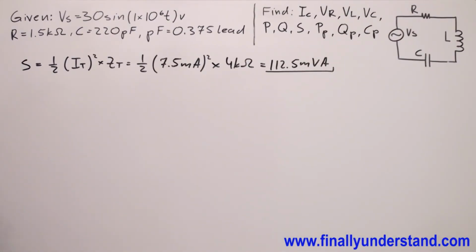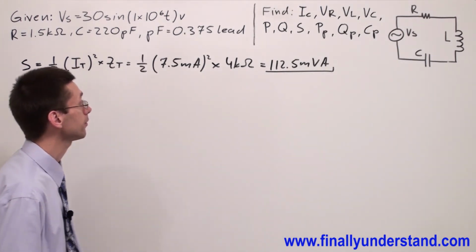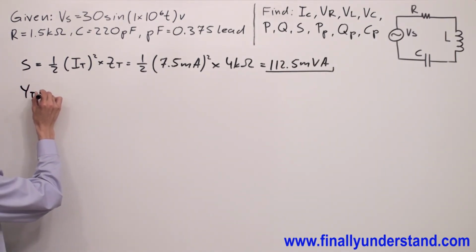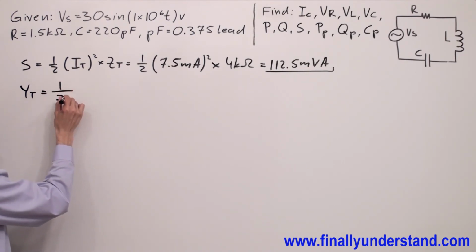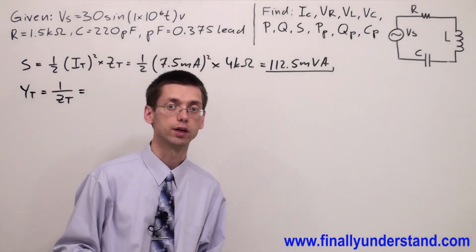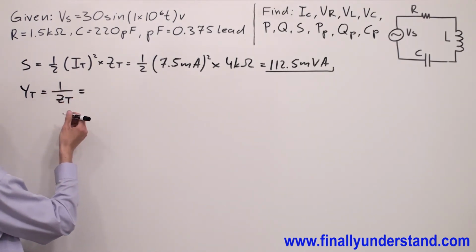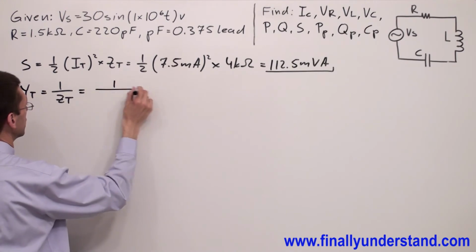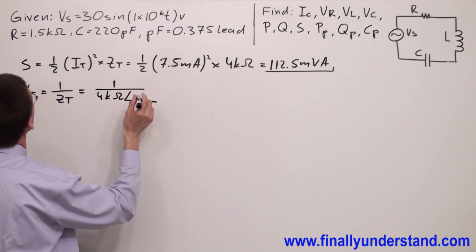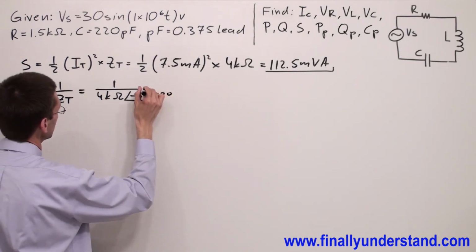Now we're supposed to find the parallel equivalent circuit. In order to do so, we're supposed to find the total admittance. Y total is equal to 1/Z total. At this moment, I would like to ask you to switch your calculators to rectangular mode in order to get the answer from this calculation in rectangular form. So I have 1/Z total, which is equal to 1 over 4 kiloohms, angle of negative 67.97 degrees.